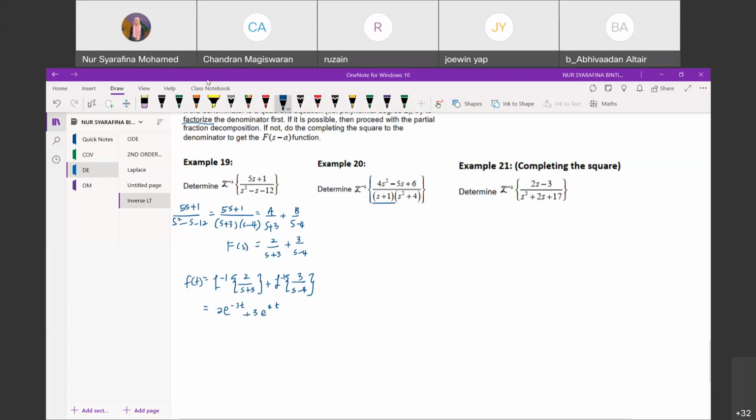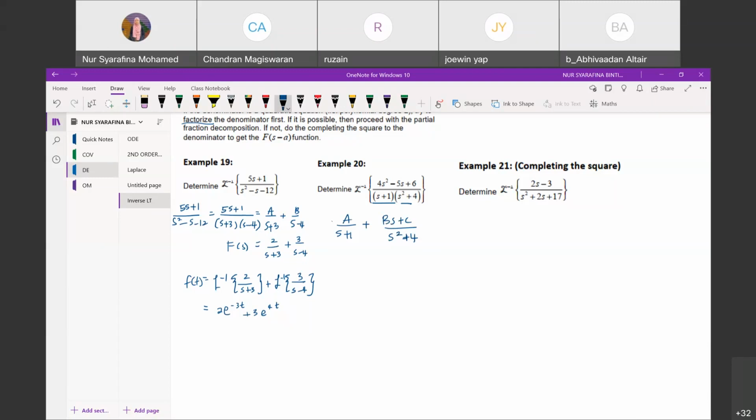This s squared plus 4 is a quadratic factor, where these two factors cannot be simplified anymore. So it can be decomposed to what? A over s plus 1 for a linear factor. This is a quadratic, Bs plus C over s squared plus 4. So you have to find A, B, and C here. Okay, and then you can try to inverse transform.